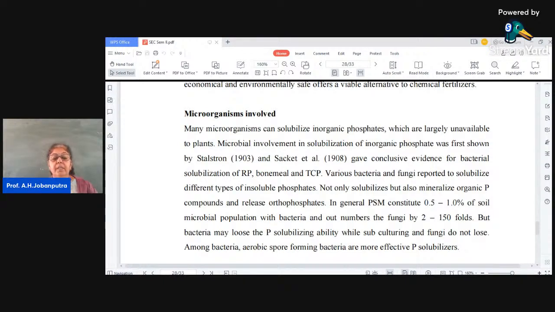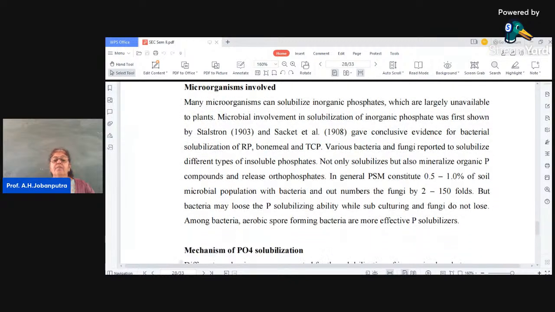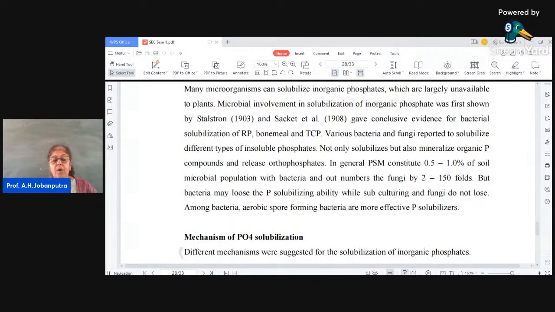And they first found it in bone meal, where they were solubilizing the phosphate. So there are various bacteria as well as fungi which can solubilize the phosphates. Normally, these phosphate solubilizing organisms are already present in the soil, but if we increase their number, then we can increase the efficiency of the soil also.